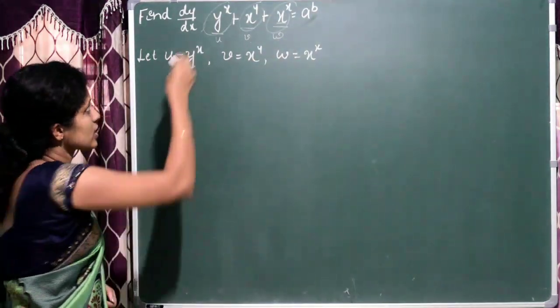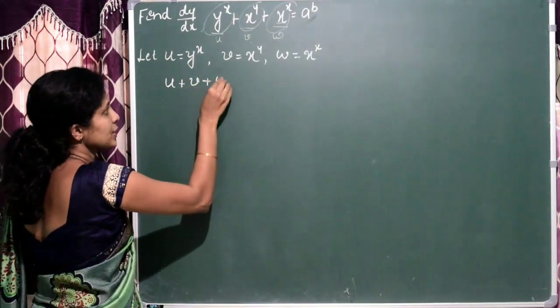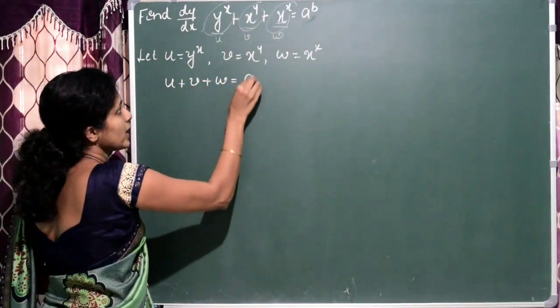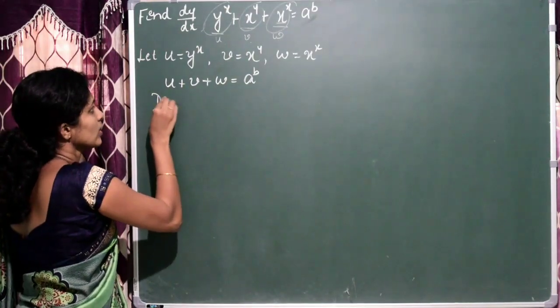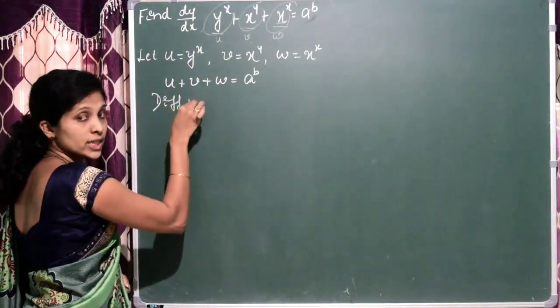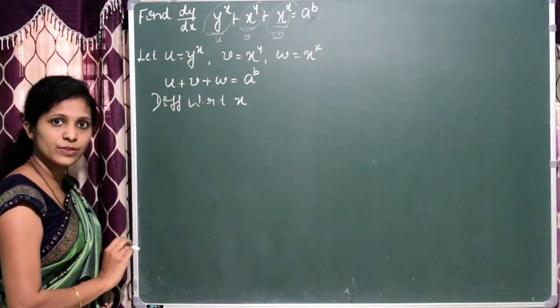So the given function is of the form u plus v plus w is equal to a to the power b. For this, differentiate with respect to x. You are differentiating this function with respect to x.